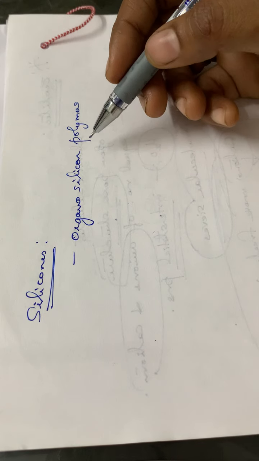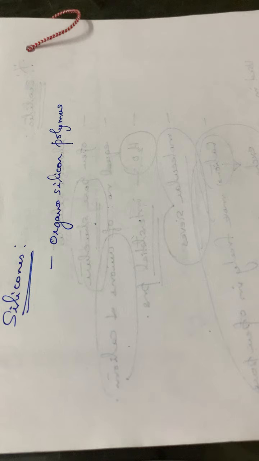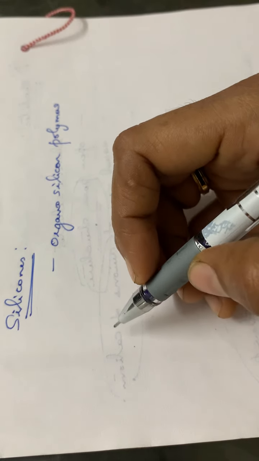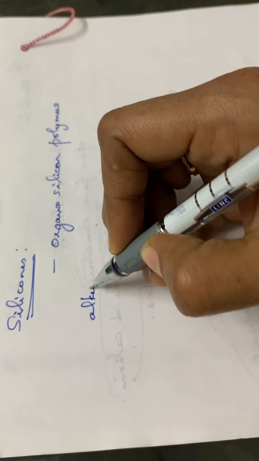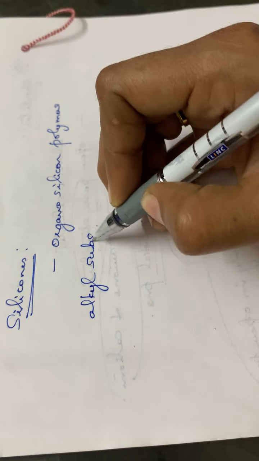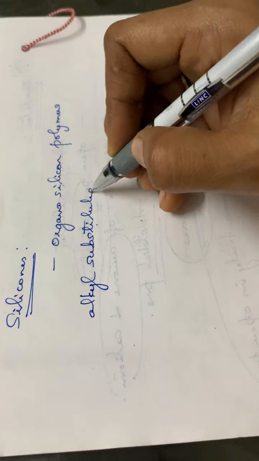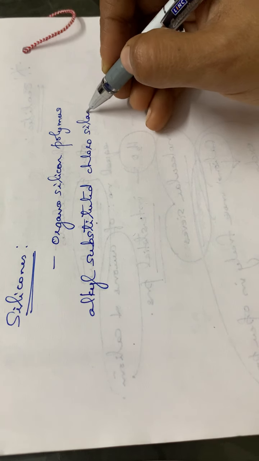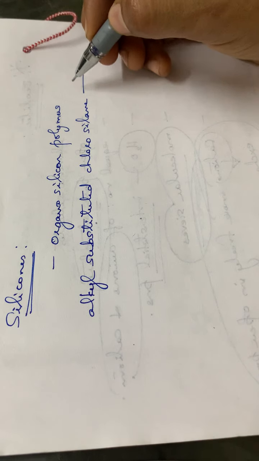So silicones are organo-silicon polymers, and we obtain silicones when an alkyl substituted chlorosilane is hydrolyzed.